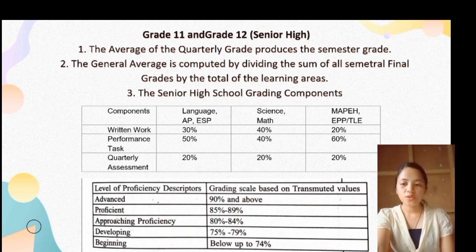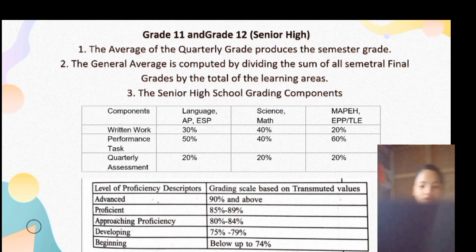A student is rated as advanced if he or she garnered 90% and above, or next is the learner is labeled as proficient if she or he reach 85% to 89%, approaching proficiency for 80% to 84%, developing for 75% to 79%, and beginning for below up to 74%.